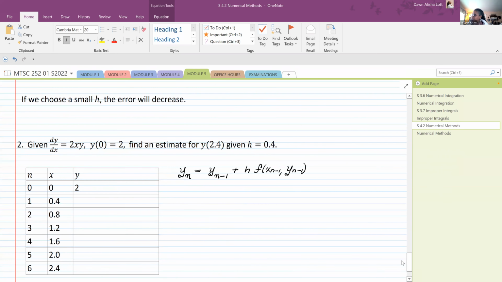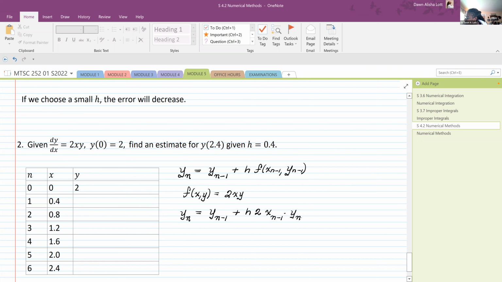Okay, so f of x, y is indeed 2xy. So that means then that our y_n is equal to y_(n-1) plus h, and f of x_(n-1), y_(n-1) is 2 times x_(n-1) times y_(n-1).